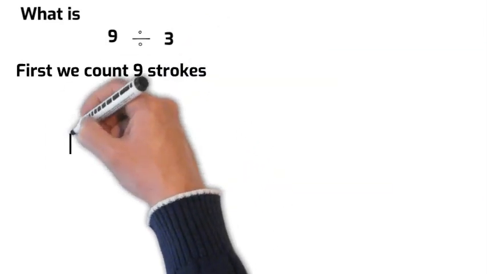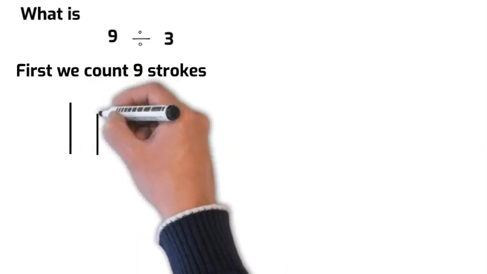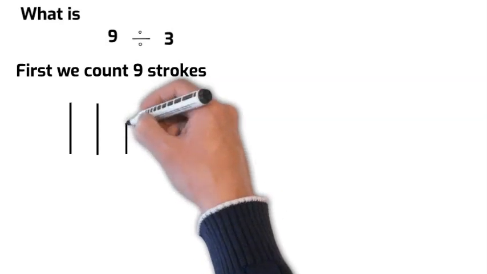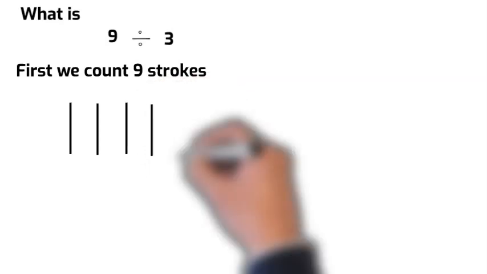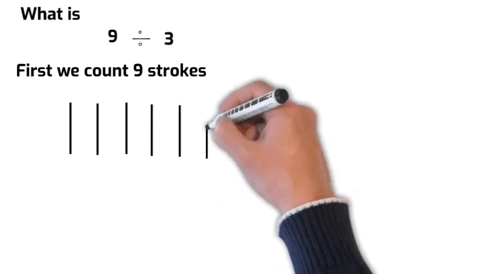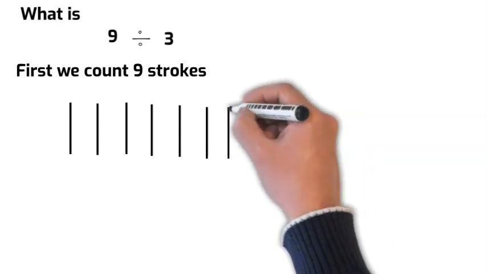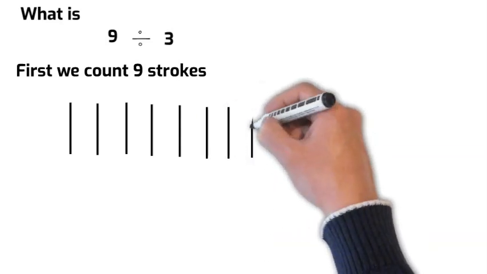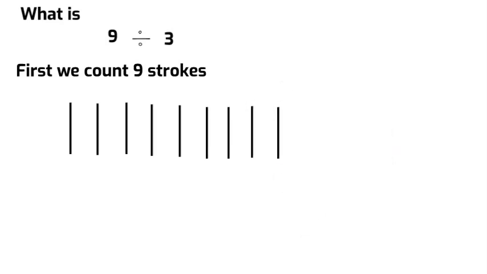Count with me. 1 stroke, 2 strokes, 3 strokes, 4 strokes, 5 strokes, 6 strokes, 7 strokes, 8 strokes, and 9 strokes. Next, we divide it by 3.